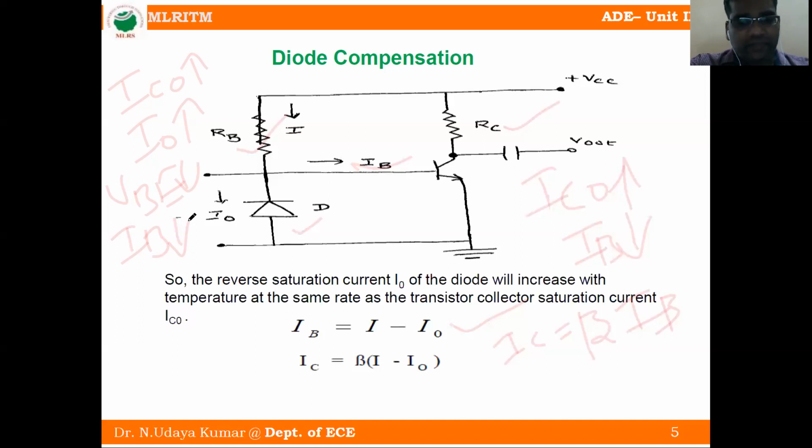If IB decreases, IC also decreases, because IC is equal to beta into (I minus I0). So even though temperature increases, we compensate: however much it increases, that much we decrease based on base current variations. So this is called the diode compensation technique.